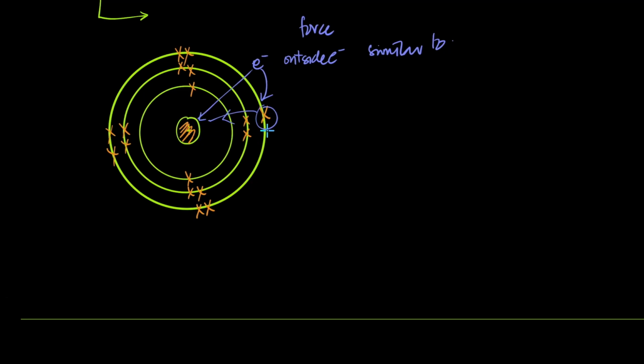And if you remember, what affects this force that the outside electron feels? There were 3 factors that affect this force of attraction. Now we've seen these factors already in AS level. One is nuclear charge.